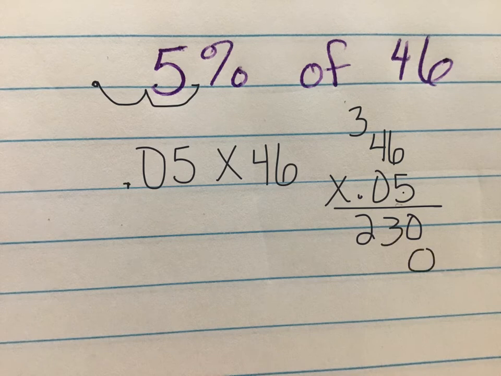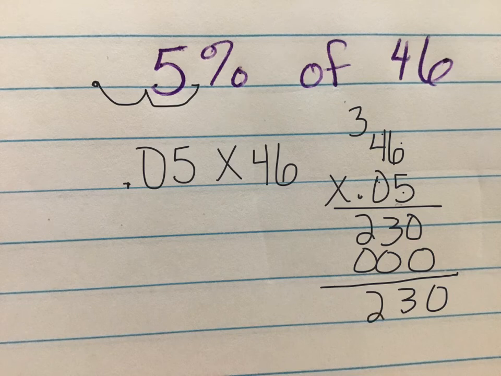Drop a 0, 0 times 6, 0 times 4, and count your decimal. 1, 2, 1, 2. So 5% of 46 is 2.3.